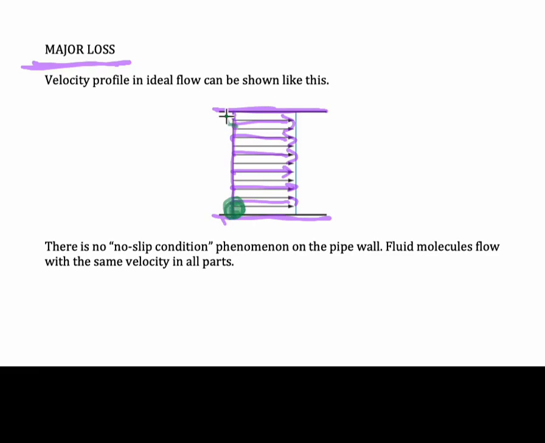The molecule here at the wall moves at the same speed as the other molecules. We call it ideal flow because the molecules can flow at a certain velocity on the surface, since there is no resistance on this surface. That's why we call this an ideal flow, because in ideal conditions there is no friction, but in a real situation, friction must be there.